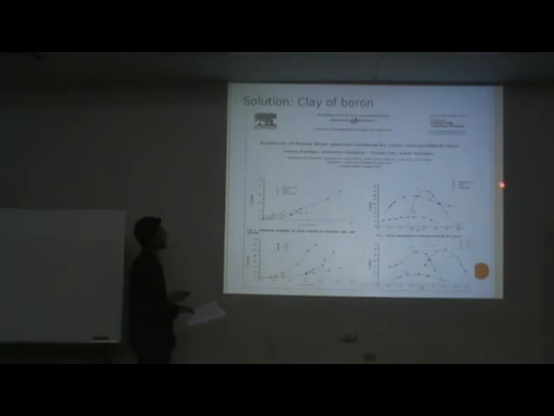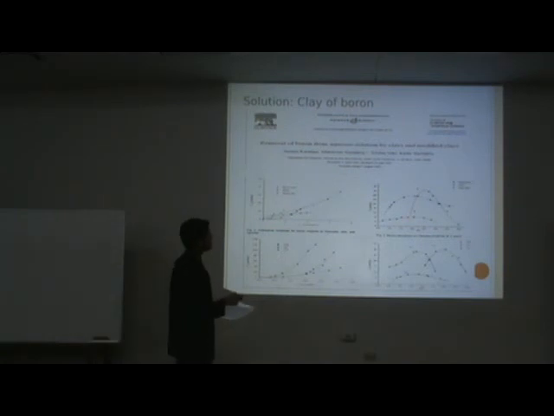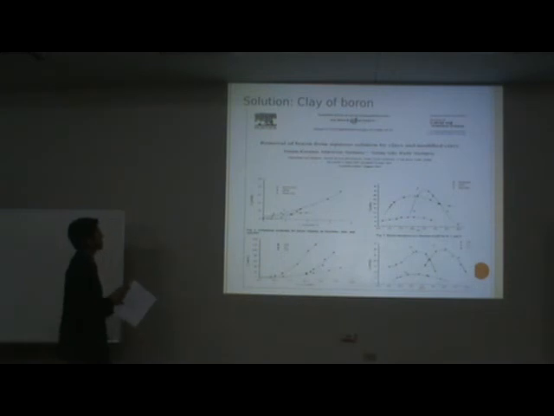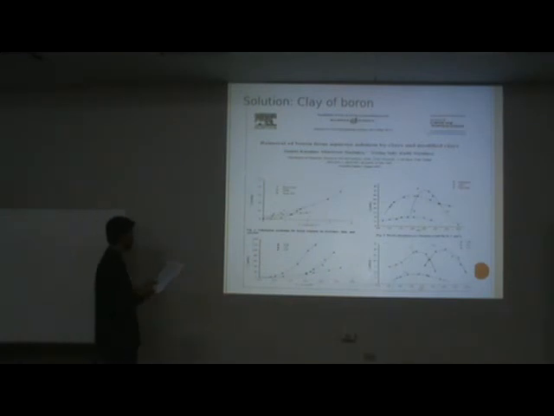Okay. In this graphic, we can see how the pH affects the absorption of boron. And the particular case in this paper is that they use a modified clay, and the modifying agent is nonylammonium chloride.